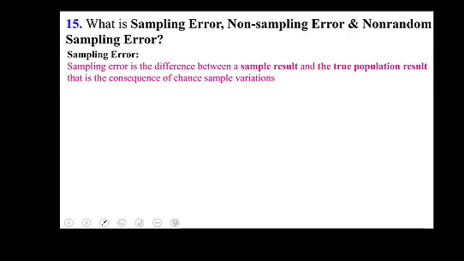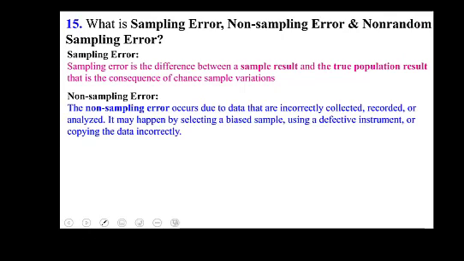What is a sampling error, non-sampling error, and non-random sampling error? Sampling error is the difference between a sample result and the true population result that is a consequence of chance sample variations. Non-sampling error occurs due to data that are incorrectly collected, recorded, or analyzed.